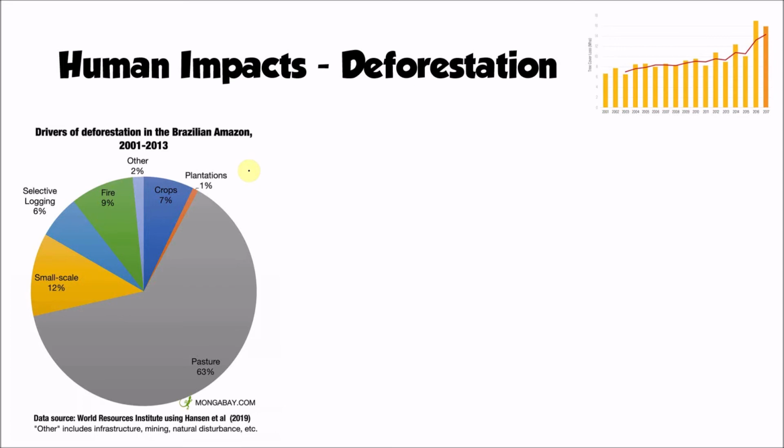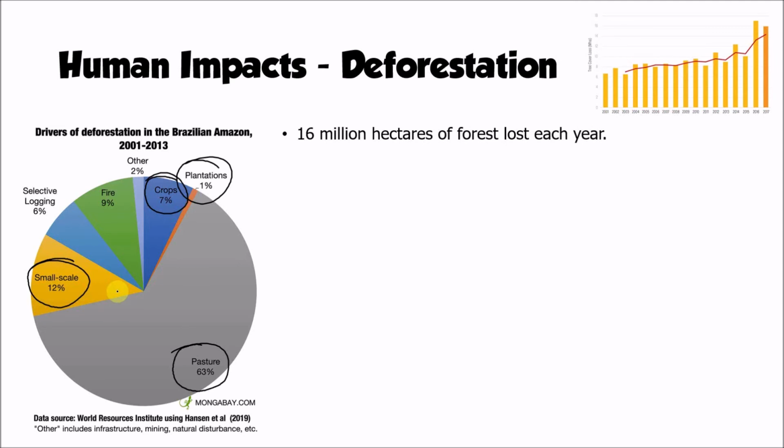We can see that the majority of that deforestation, 63%, is for pasture land for cattle to graze on, 12% for small-scale agriculture, 7% for crops, 1% for plantations. Deforestation is primarily driven by agriculture. So these two things go hand in hand.